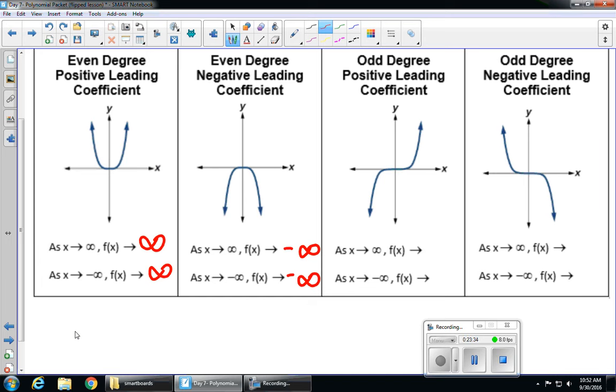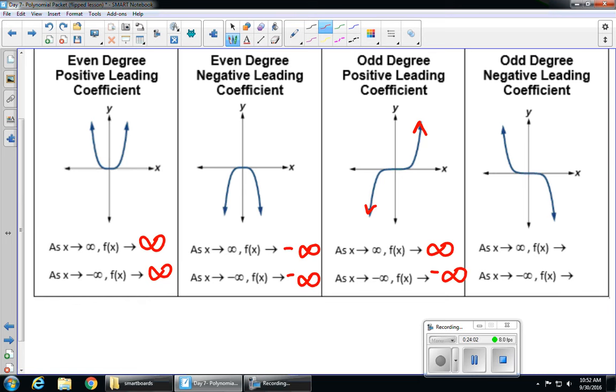So as I go to the right, or as x approaches infinity, my arrow is going up, which means that my graph is approaching infinity. As I'm going to the left, as x approaches negative infinity, the further and further left I go, my graph is pointing down. That arrow is pointed down towards negative infinity.